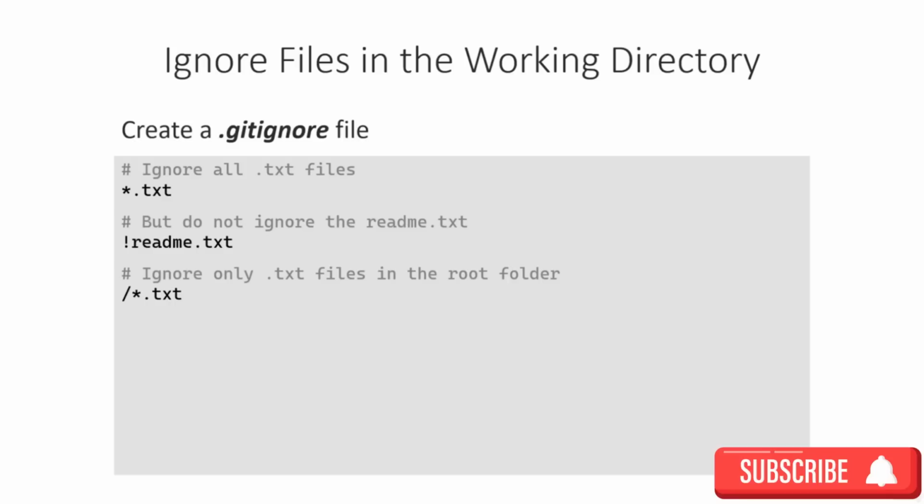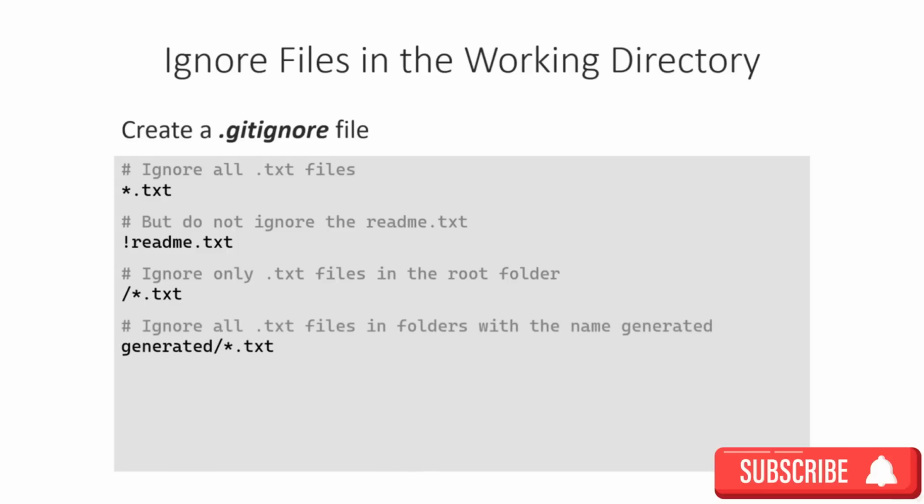With a slash, you can identify the root folder. Here you say, ignore only the txt files that are in the root folder. Maybe you want to ignore files in specific folder types. So here, all text files in folders with a name generated are ignored.